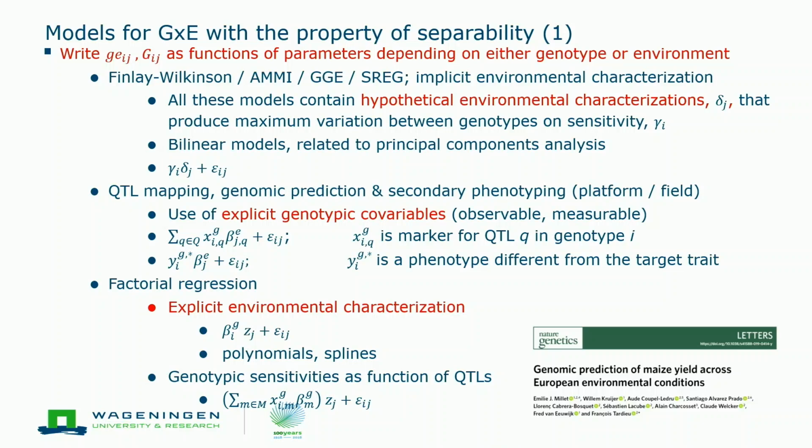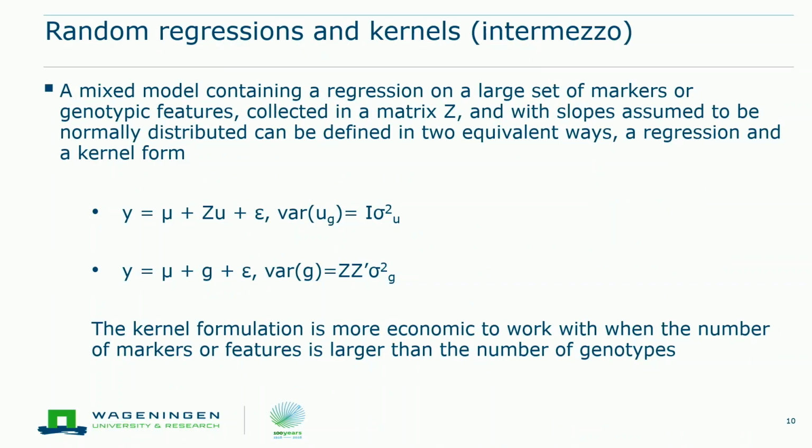This is simply linear, but you can insert various ways of doing that non-linearly. And if this works, you might also go one step further. You might try to understand the sensitivity of the genotype to your constructed stress index in terms of markers. And well, this expression here is nothing else than that you insert a marker profile to predict the genotypic sensitivity.